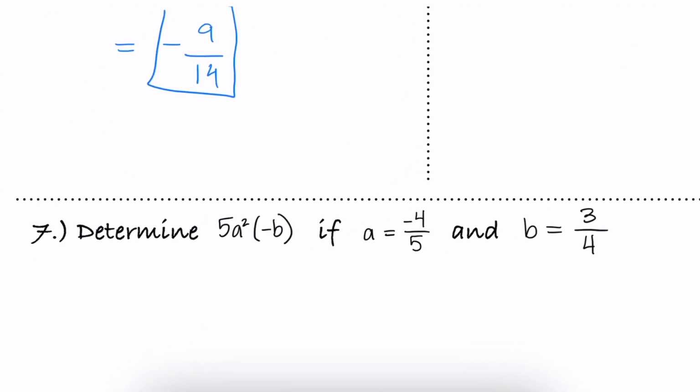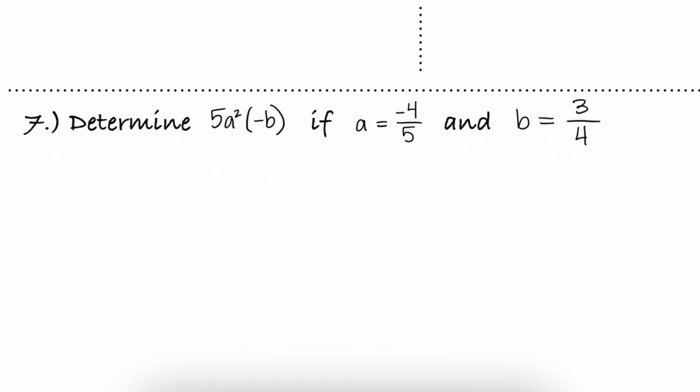Question 7. Determine 5a squared times the quantity negative b if a equals negative 4/5 and b equals 3/4. Okay, so we're given these values. I'm just going to go ahead and substitute them. So a will be green, and we can make b red.